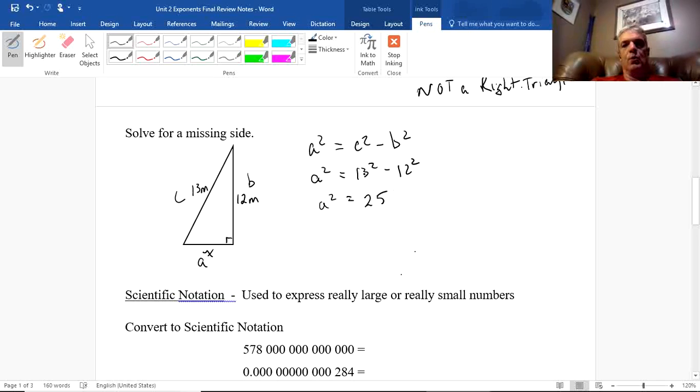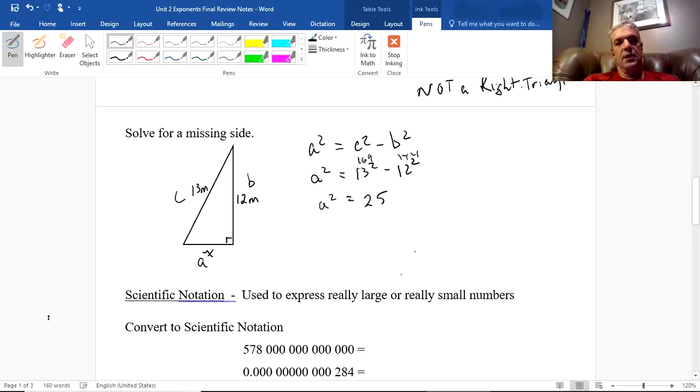If you work it out, this is 169, subtract 144. And generally speaking, I encourage kids to put this in their calculator. So you should be able to just go 13 squared minus 12 squared and say equals, and you get the answer 25. Now I need to square root both sides, so a equals 5, and when I do that, I square root both sides of the equation, okay?